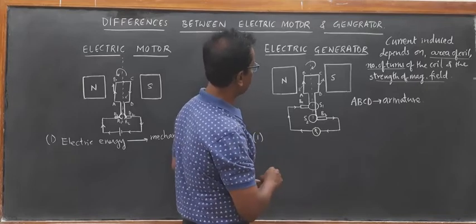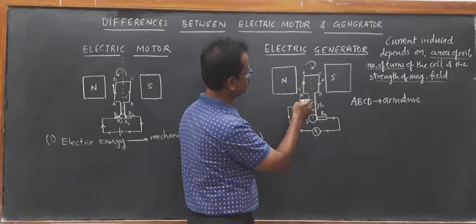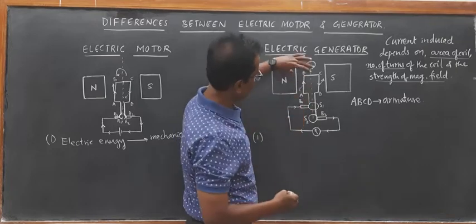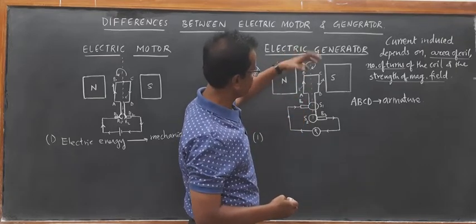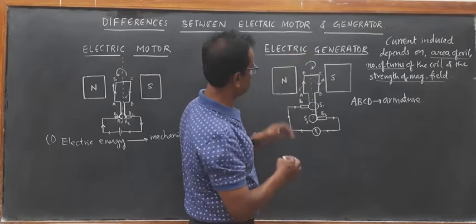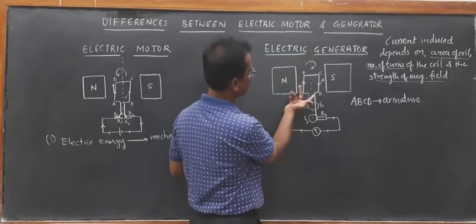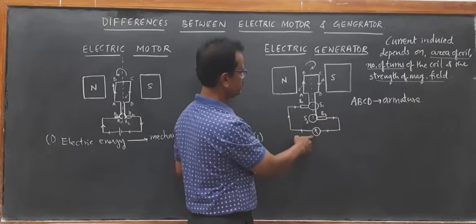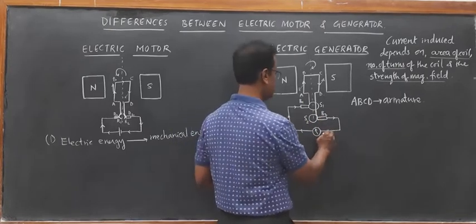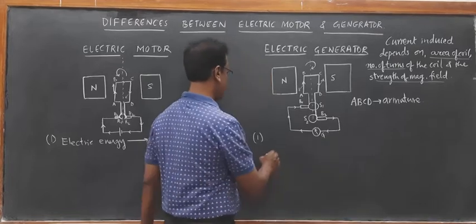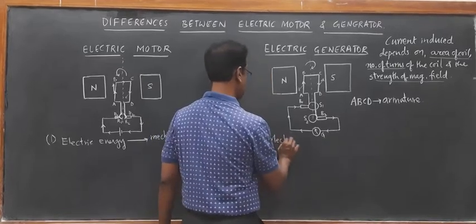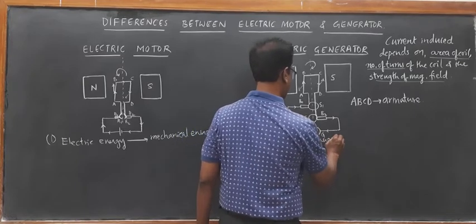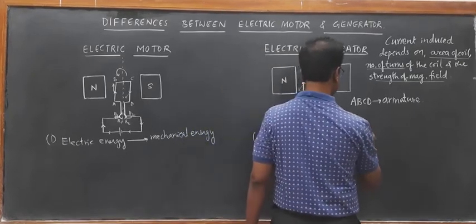When the AB arm moves up and CD arm goes down, mechanical force is tending to rotate it in the clockwise sense. When the mechanical force is tending to rotate in the clockwise sense, the current induced is along A, B, C, D, that is from B2 to B1. You can see the deflection in the galvanometer towards left. So here, mechanical energy is converted into electric energy.